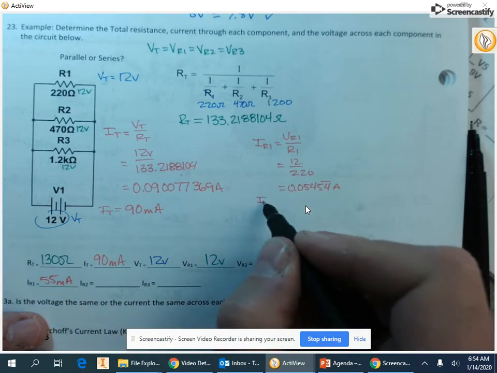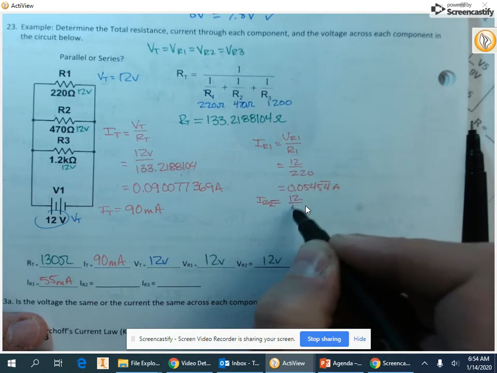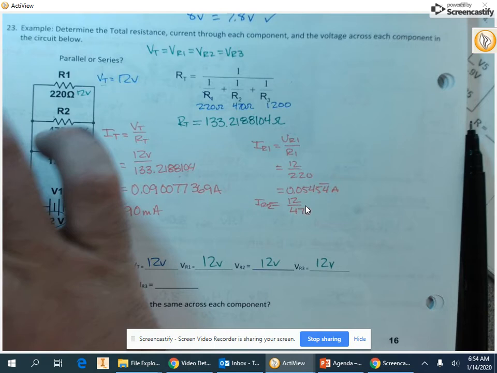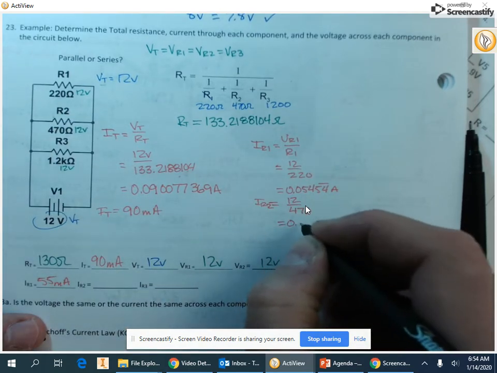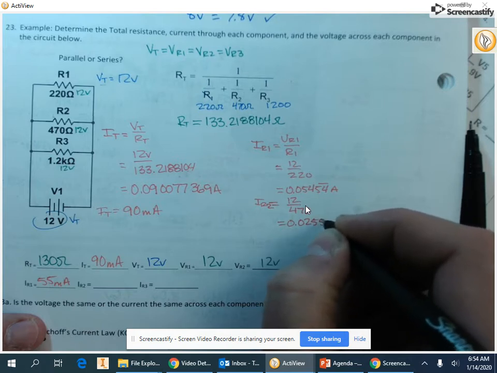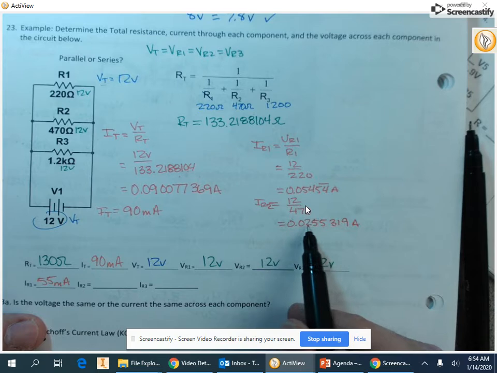And IR2, we do the exact same thing. So 12 divided by 470 is 0.0255319 amps, or 26 milliamps.